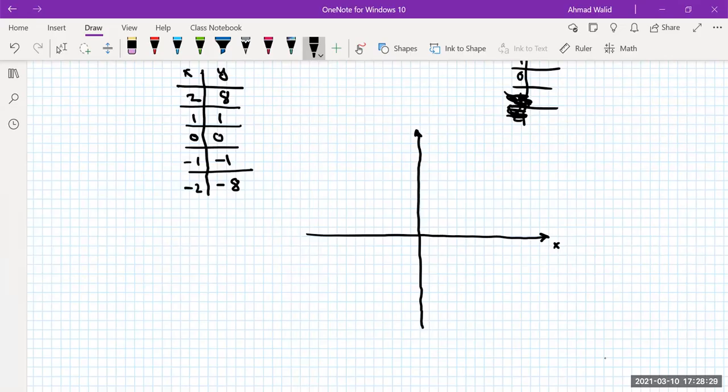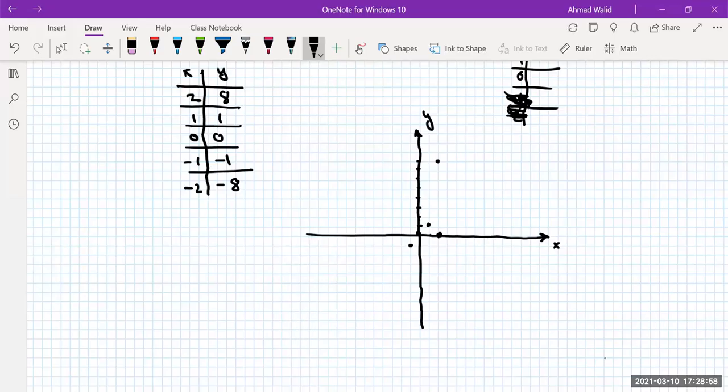X, Y. X2, Y8. I will start here small. 1, 2, 3, 4, 5, 6, 7, 8. x2, y8 will be here. x1, y1. 1 and 1 will be here. 0 and 0 will be here. Negative 1 and negative 1 here.